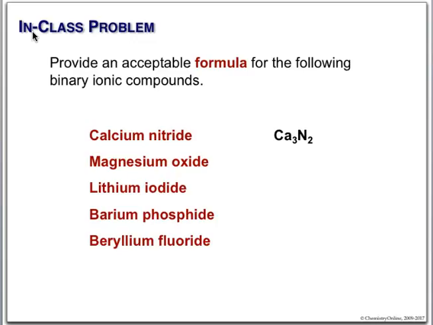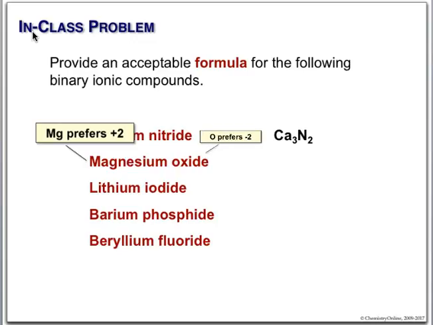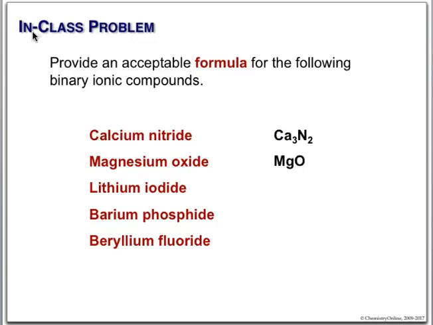All right, magnesium. Magnesium is our second group. It'll be a +2. Oxygen is in our sixth group. It will be a -2. We have a +2 and a -2. That's easy. This is simply MgO.